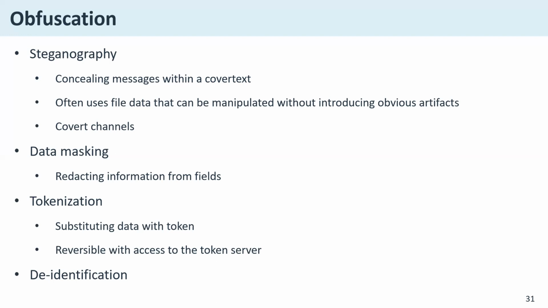If I reveal the phone number, somebody else can try to hijack that phone number and do the reset. But if I conceal the phone number and just give a clue, I redact, I remove some of the information from the fields, it makes the system more secure.